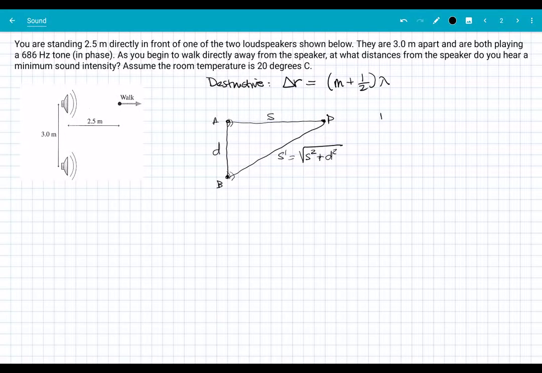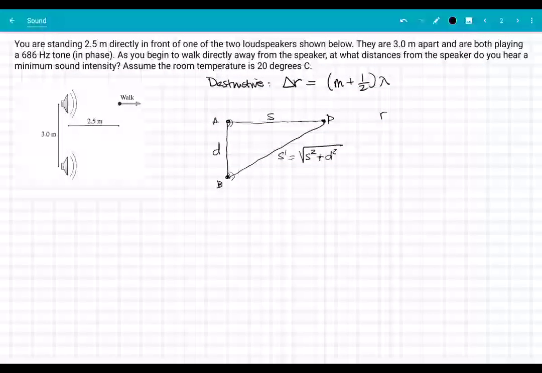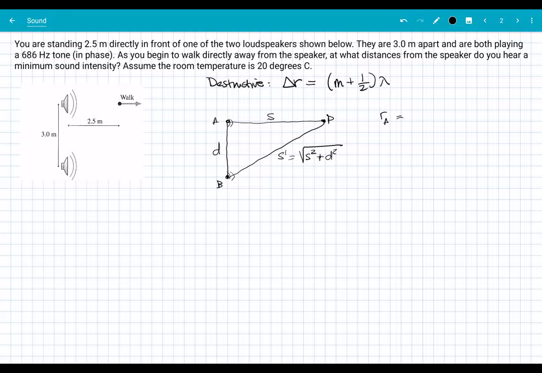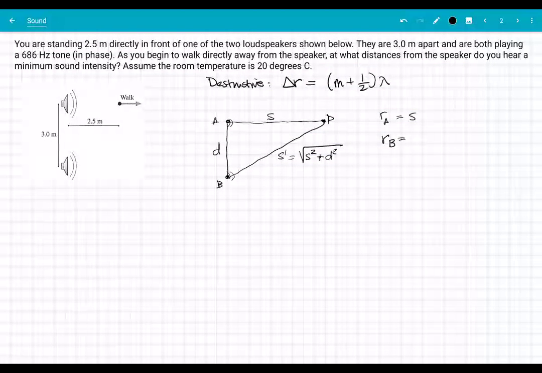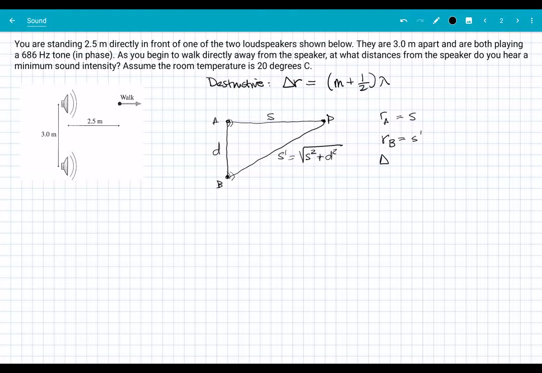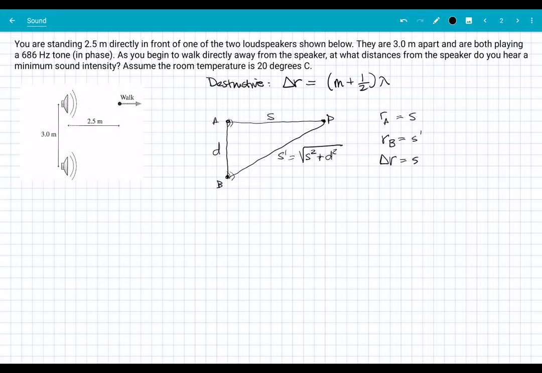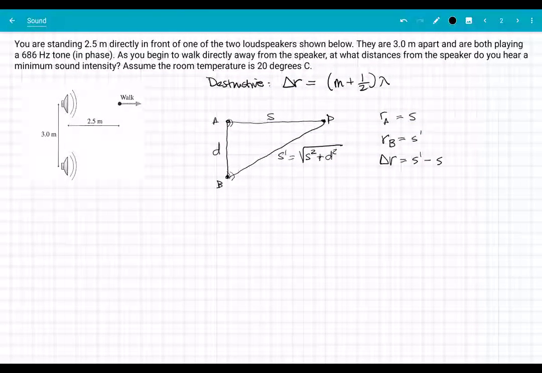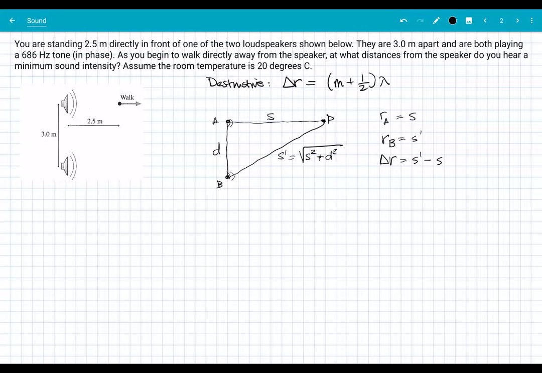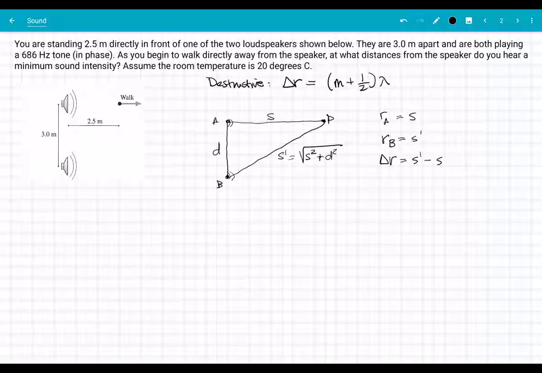The path length for speaker A is equal to S, and the path length for speaker B is equal to S prime. Therefore, the path length difference is going to be equal to S prime minus S. I can write it out that way. I know that S prime is going to be greater than S, right? Because it's the hypotenuse of that triangle there.